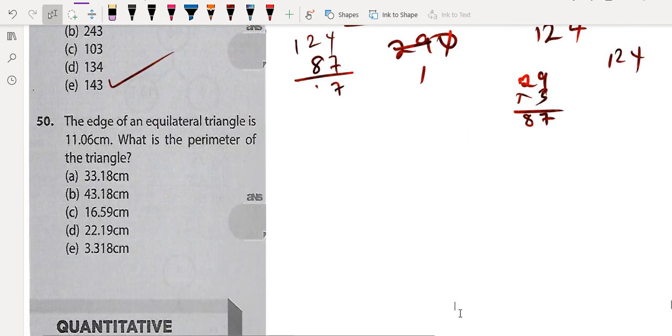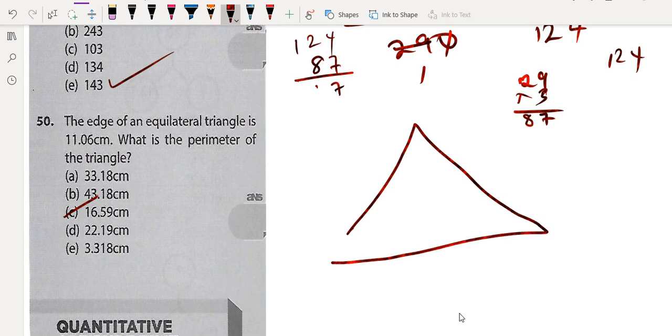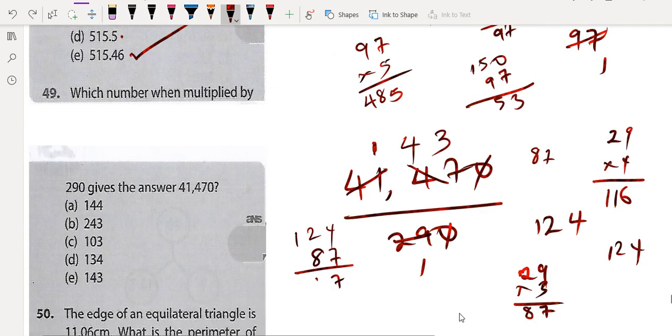The edge of an equilateral triangle is 11.06 centimeters. What is the perimeter of the triangle? What are we going to do? 11.06. Yes. It's an equilateral triangle, so all the sides are equal. Go to shapes. I want you to see shapes.